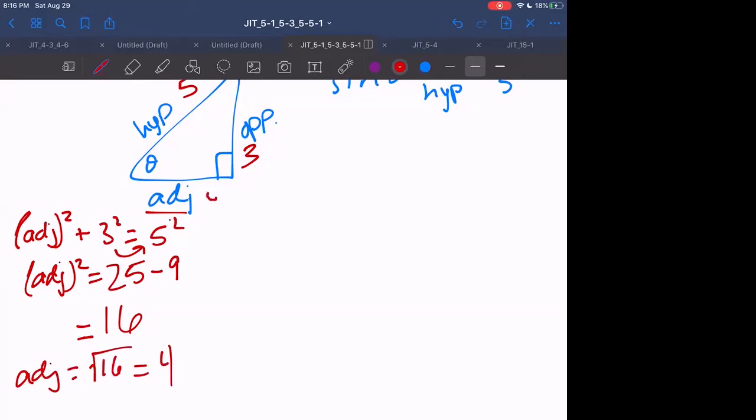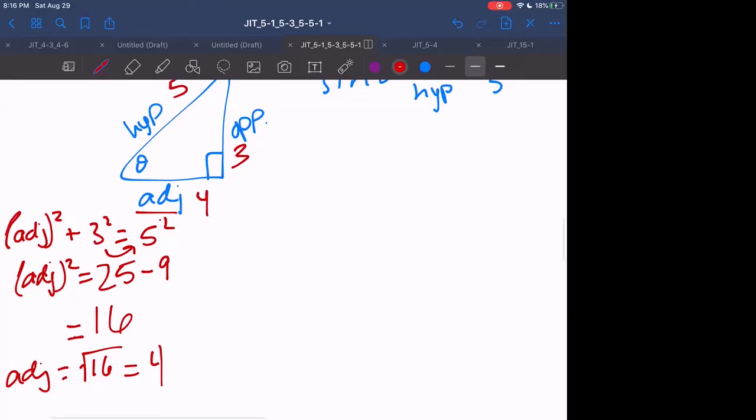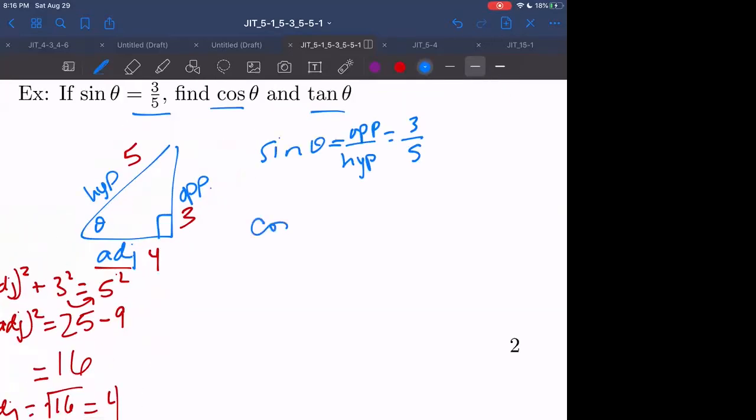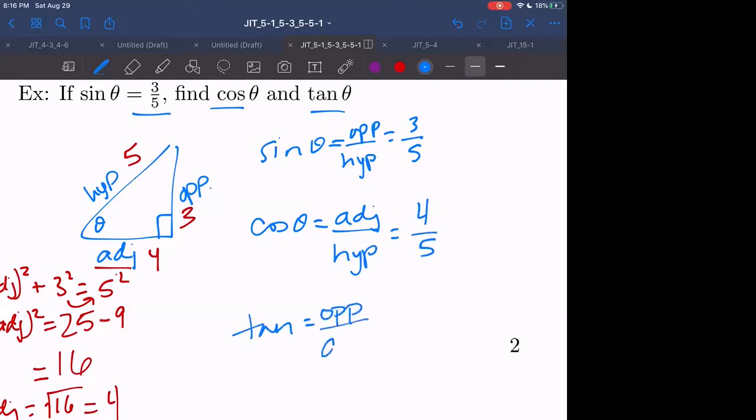Okay. Now we've got all three of those. I can easily find cosine. So cosine of theta is going to be the adjacent over hypotenuse. And so for this case, it'll be 4/5. Tangent is going to be the opposite over the adjacent. And so that'll be, in this case, 3/4.